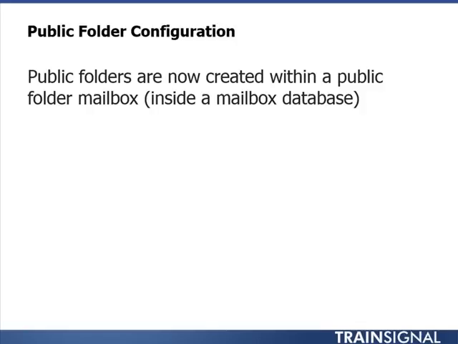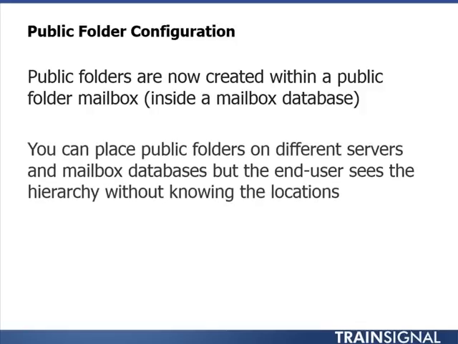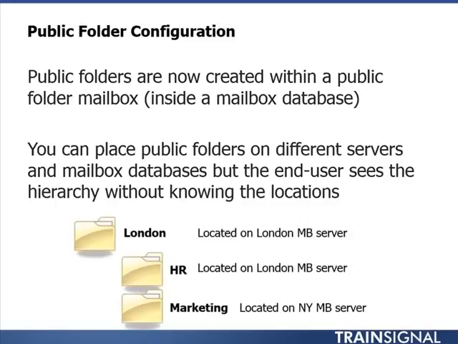Now, we say that, and yet at the same time, you can place public folders on different servers and different mailbox databases. But the end user will see the hierarchy without knowing the locations. So here you can see we have a public folder named London, and it's located on a server in London, a mailbox server.